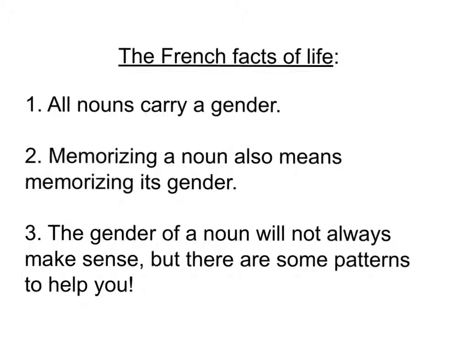Number three, the gender of a noun will not always make sense, but there are some patterns to help you. So maybe it doesn't make sense to you that the word for an eraser is feminine, but a notebook is masculine. It's just what it is.